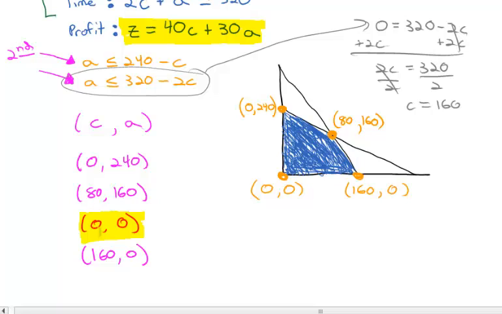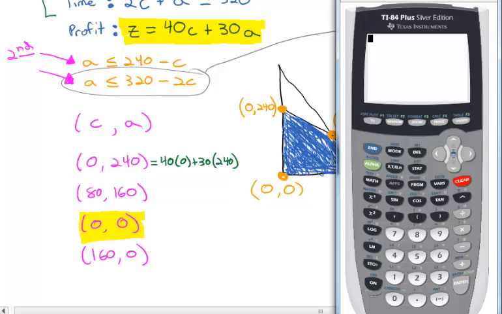So basically what we're looking at is the case where we plant all corn, all oats, or a mixture of the two, 80 corn and 160 oats. So when we plug this first point in, the objective function says we've got 40 times corn plus 30 times oats. 40 times corn, which is 0, plus 30 times oats, which is 240.